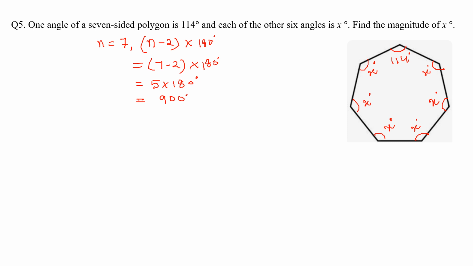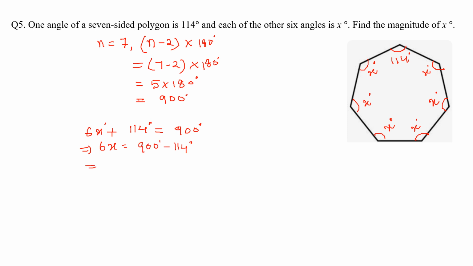Now I'm going to use this value to find the magnitude of x. So six angles are given as x degrees. So I can write 6 times x degrees plus 114 degrees is equal to 900 degrees. So 6x will be equal to 900 degrees minus 114 degrees.